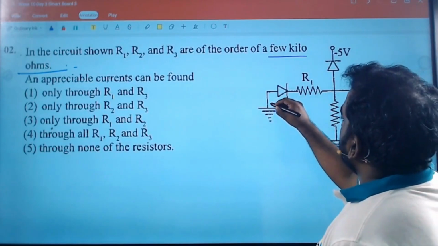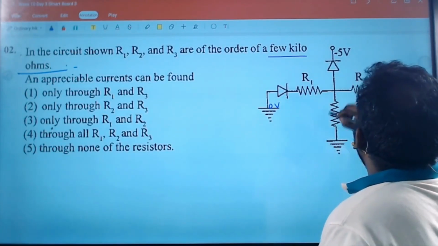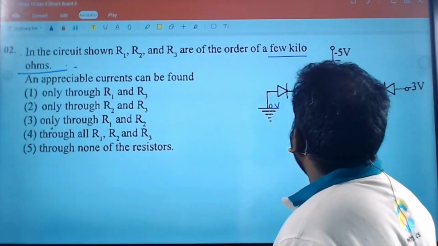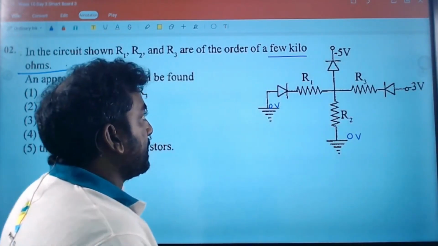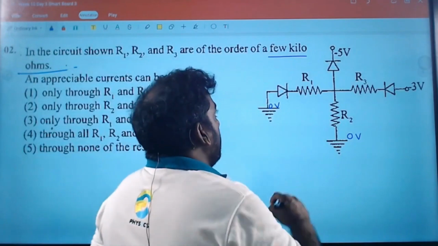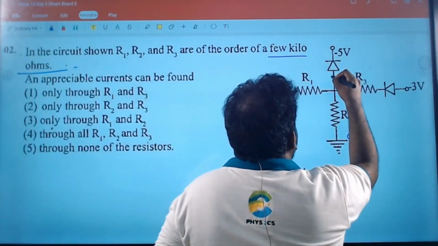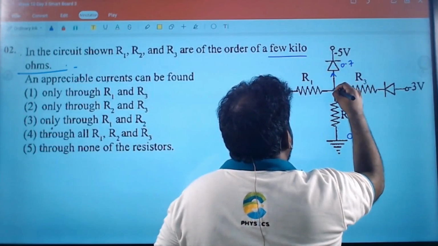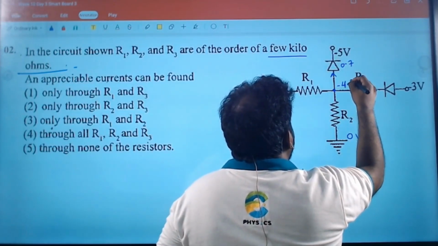You can think of these as ideal diodes or silicon diodes. So here the voltage is 0, here minus 5, here voltage 0. Think of this carefully. If current is going this way, forward bias, there is a 0.7 drop, so this is minus 4.3.